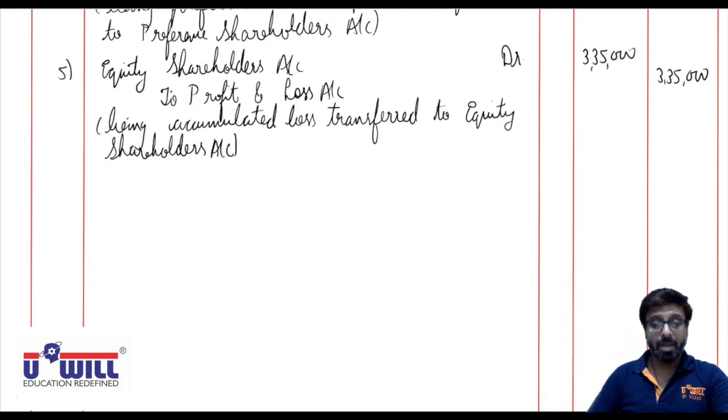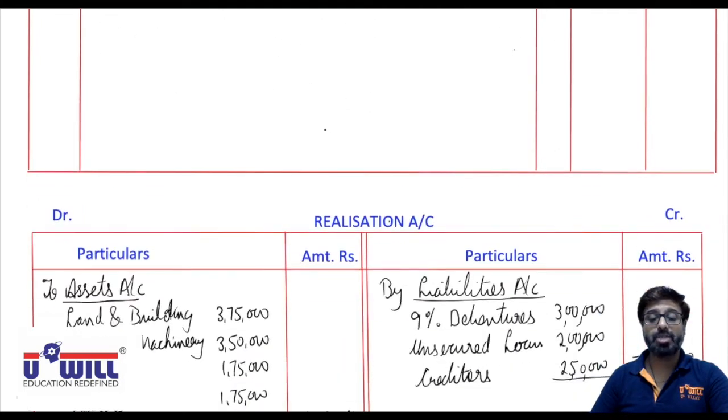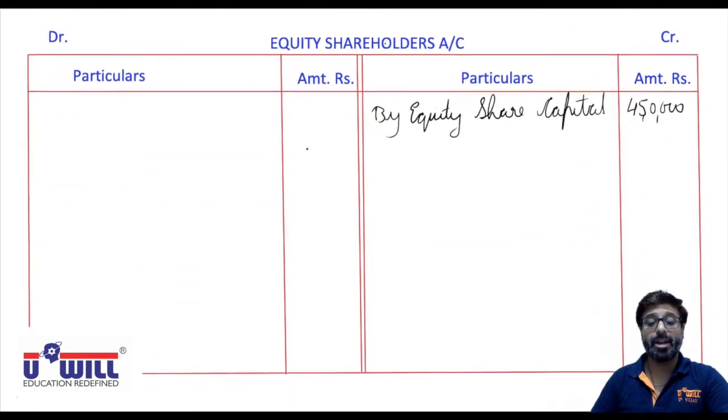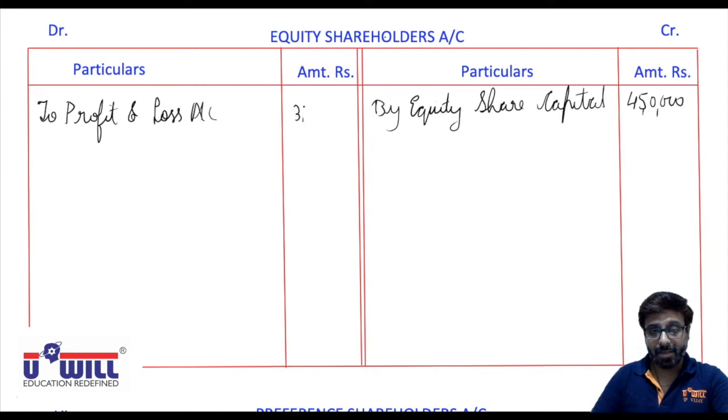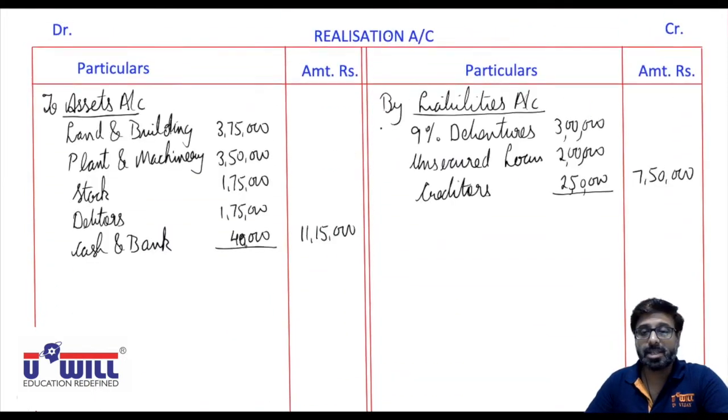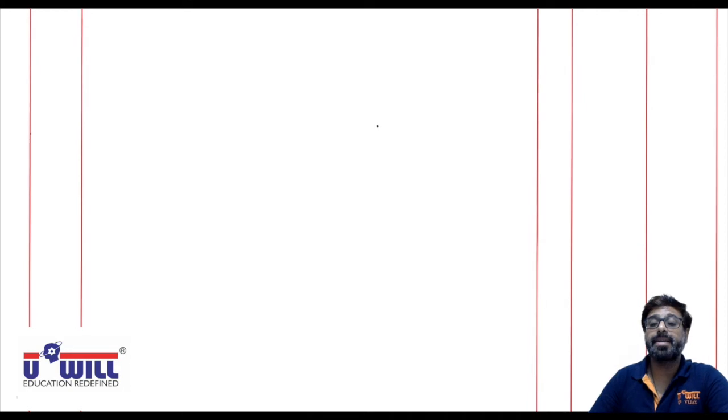Now in equity shareholders account, we will write on debit side to profit and loss account 3,35,000. Okay, the first six closing entries are done with single effect.